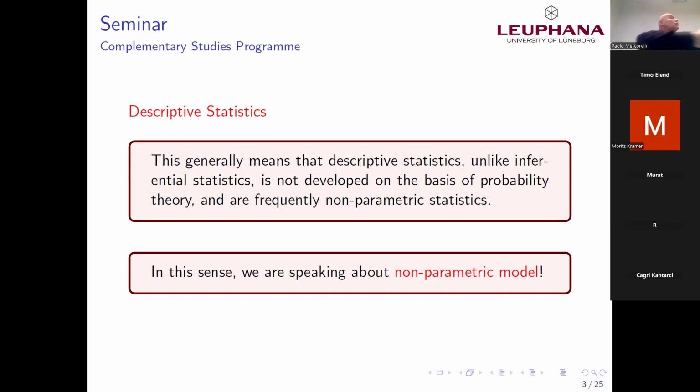Therefore, the model which should describe the reality of the system consists of parameters that are a little bit abstract. Non-parametric model means that the parameters don't have a physical meaning, or a meaning directly connected with the system, with the reality.